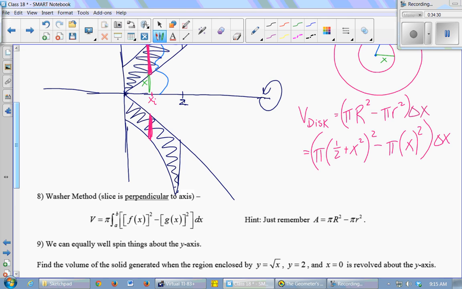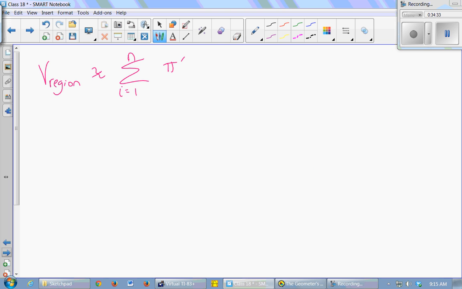Pi times (1/2 plus x squared) squared, minus pi x squared, delta x. So I'm going to make n of these rectangles, each one at a different x sub i, from x1 to xn. x1 will be at 0, and xn will be at 2.